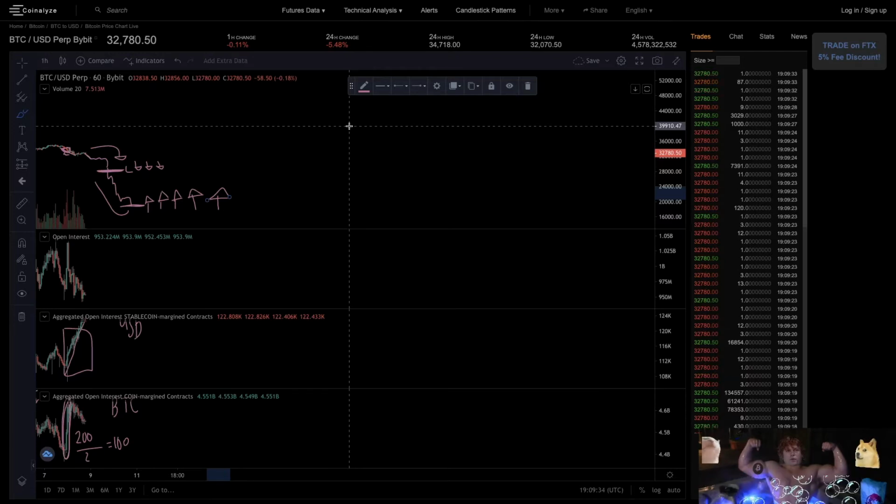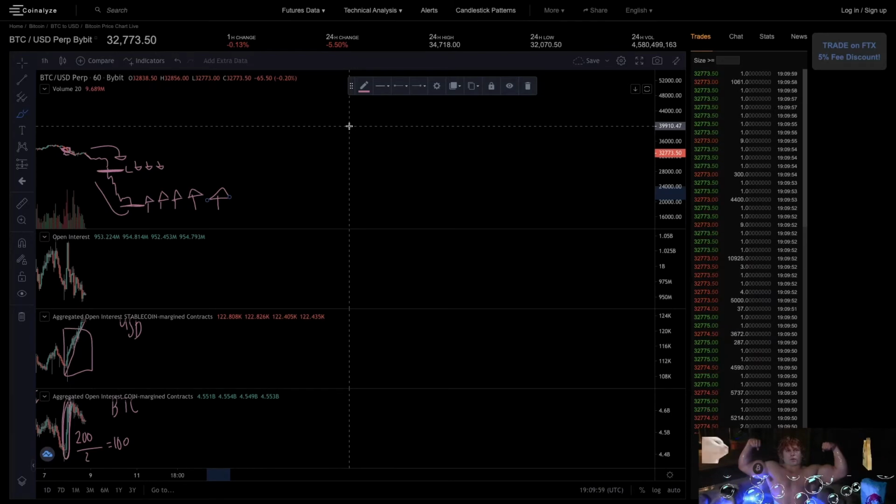If I'm opening a position and they're opening a position for that $1 fill, open interest goes up $2, because I'm adding, they're adding. If I'm opening a position and they're closing a position, open interest is flat. I'm adding, but they're closing, and that's a net zero on open interest. And if I'm closing a position and they're closing a position, open interest goes down $1 for me, $1 for them.